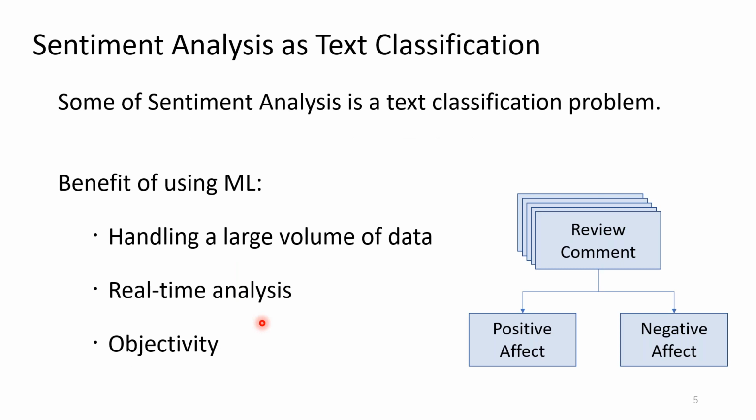Sentiment analysis and text classification. In machine learning use of the term, some types of sentiment analysis can be regarded as text classification. Sentiment analysis is a supervised learning problem that tries to predict emotions in the text. Application of machine learning to sentiment analysis provides us with the following benefits. First, machine learning can analyze a huge amount of data in a very short time.